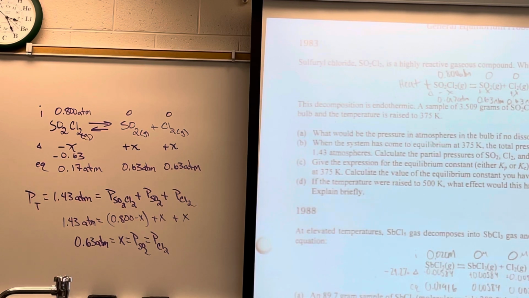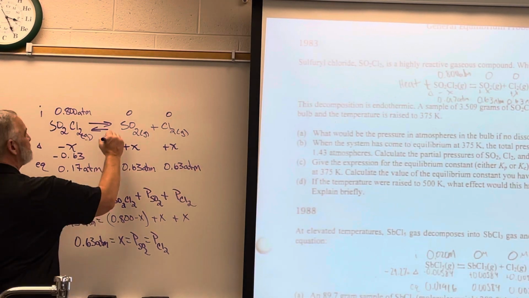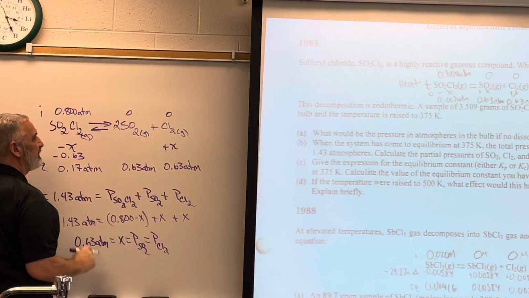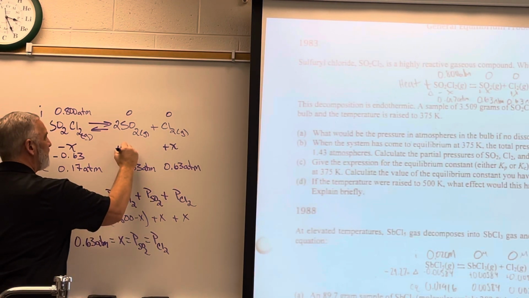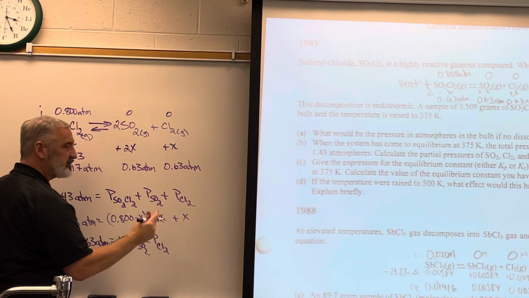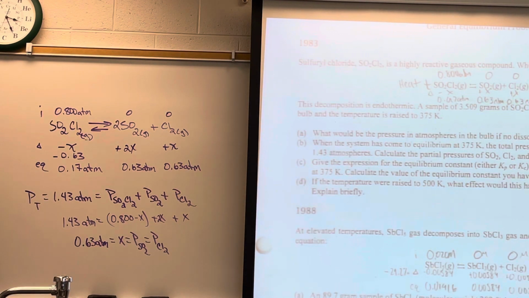Now again, if this was a 2, what would this be? 2X plus 2X plus 2X. You can still do the problem. It all adds up. When you see the term total pressure, that's another way of helping us. It's just a roundabout way of giving us the change. You just got to calculate it using Dalton's law.